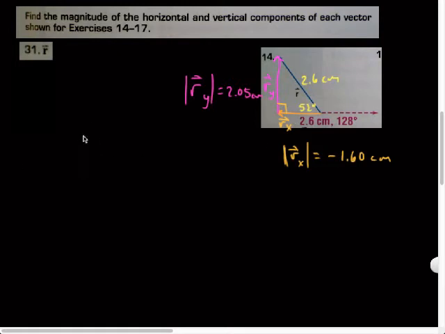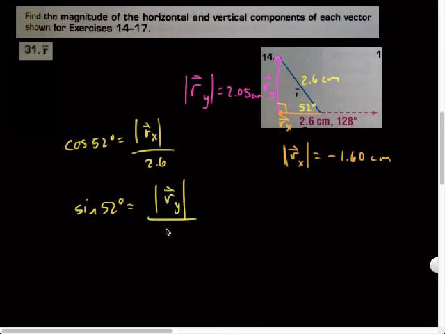Cosine of 52 degrees would equal the magnitude of vector Rx divided by 2.6 because it's adjacent over the hypotenuse. We know this is 90 degrees, but the 52 is what I'd base it off of. You could similarly set up the other one: sine of 52 degrees is equal to the magnitude of vector Ry, the vertical component, divided by 2.6.